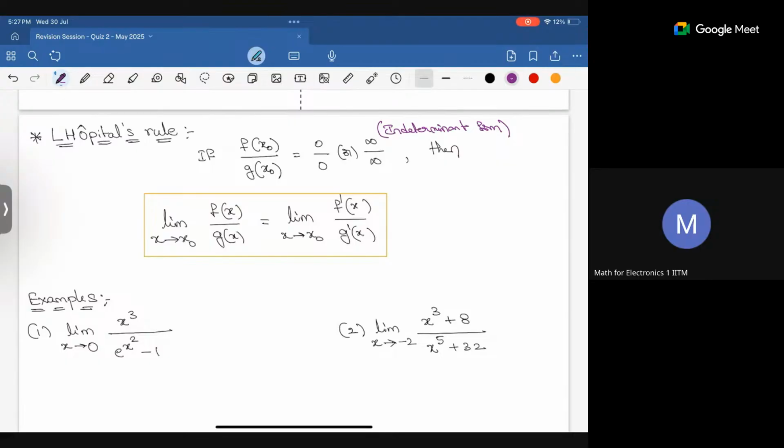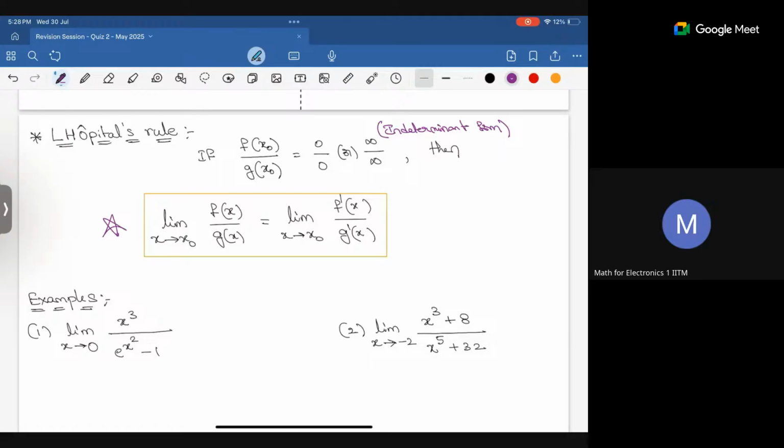So when we arrive at these kinds of forms, we cannot exactly say what value it will be. So for that, what L'Hopital's rule says is, if f of x and g of x are differentiable functions, then you differentiate the numerator, you differentiate the denominator, and then compute the limit, which will be exactly equal to the limit of f of x by g of x at x naught. Right? That is what L'Hopital states, and that's not the beauty.